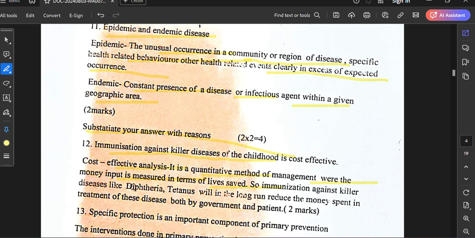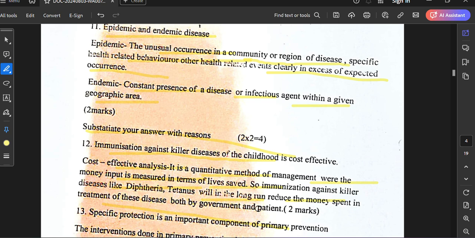So immunization against killer diseases like diphtheria, tetanus will in the long run reduce the money spent in treatment of these diseases both by government and the patient, because once the tetanus or diphtheria has occurred and then we are treating, a lot of money has to be pumped in for the treatment either by the government or by the individual patient itself.